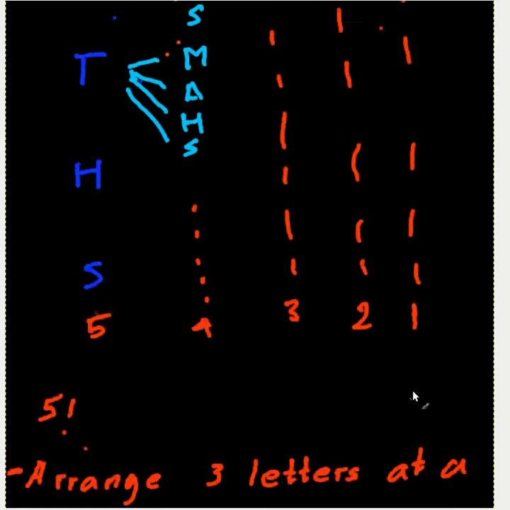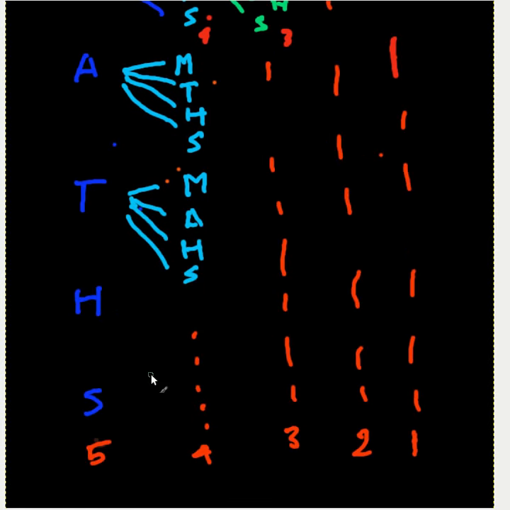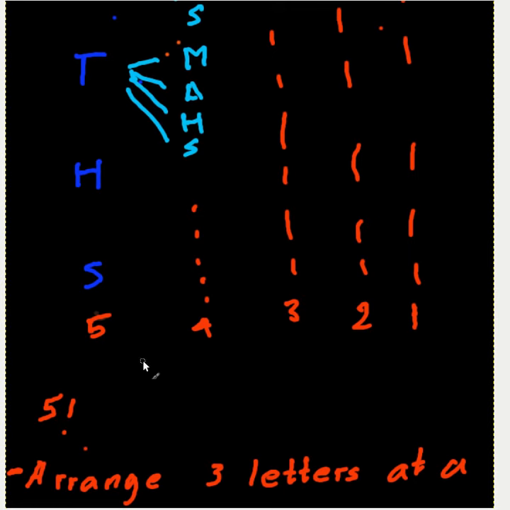If I was to choose A as my first letter, then this is my tree structure, and similarly it just carries on. As you can see, it goes 5, 4, 3, 2, 1. So all you need to do is multiply these, and we end up with 5 factorial ways of doing this.